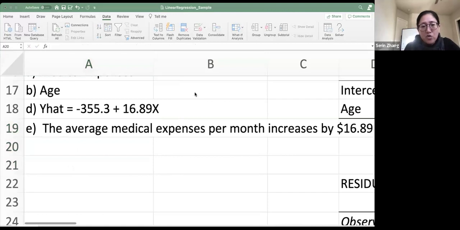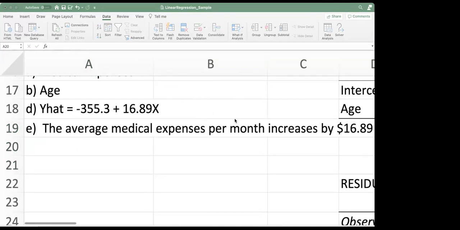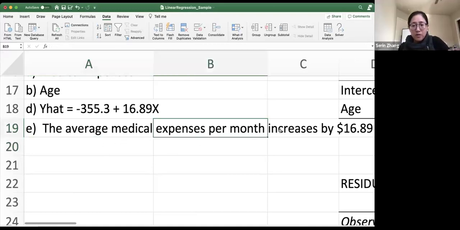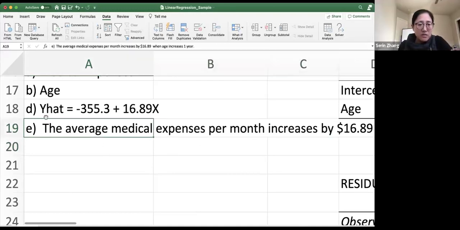But the data in the lab assignment is different. It's different, but it's the same way. When it's positive, like plus 16.89, for example, we say it increases, but if it had a minus sign, it decreases. I'm so sorry, that's a typo.